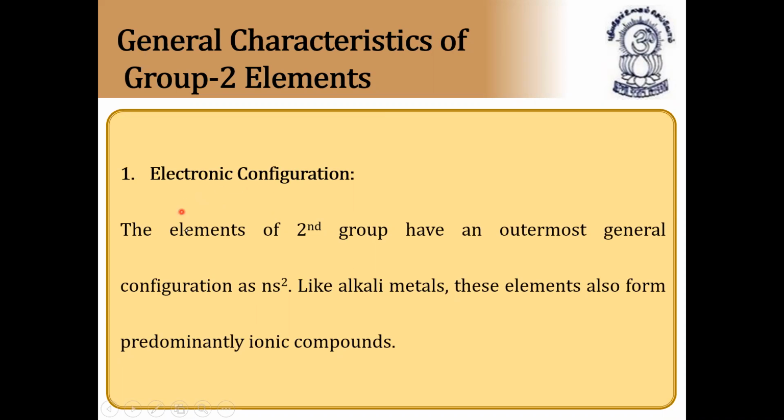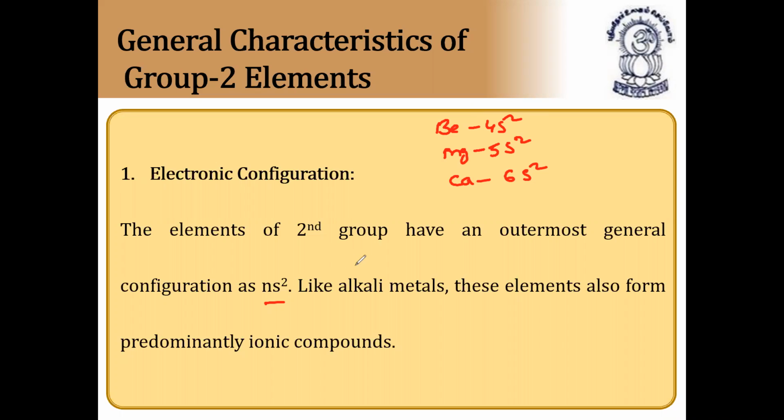Next, electronic configuration. The elements of the second group have an outermost electron configuration ns2. For example, beryllium is 4s2, magnesium 5s2, calcium 6s2, and so on.